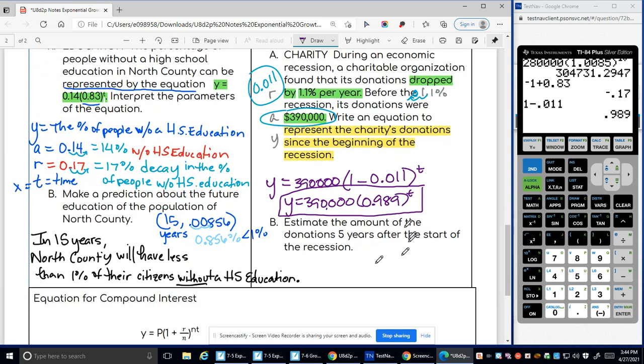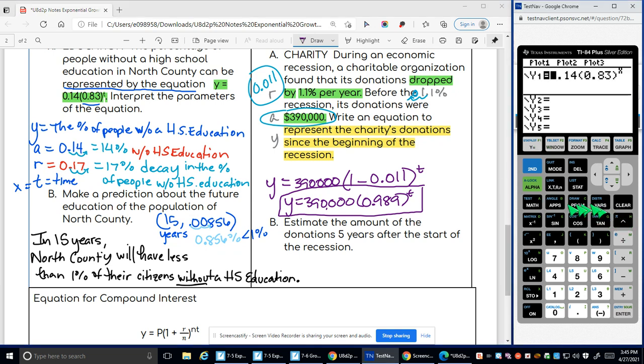Last thing, we're going to use that to estimate. This would be a great time to pause it and see if you can do it. I'm going to go ahead here. I know that I'm looking for 5 years. That's probably t. And it's a nice number, so I'm probably going to use the table. Let's clear it. 390,000. Do I have enough zeros?